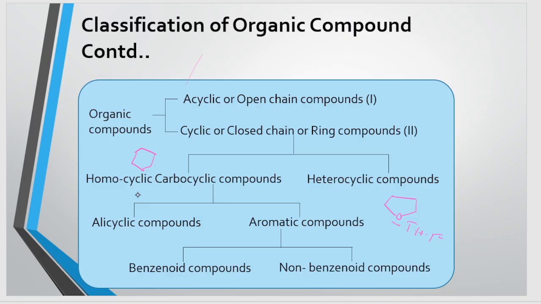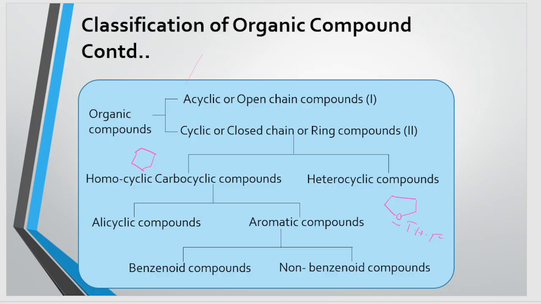Now, homocyclic compounds are of two types: alicyclic compounds and aromatic compounds. We are going to discuss what aromatic compounds are. Those compounds which are other than aromatic are called alicyclic, and aromatic compounds are again classified into benzenoid and non-benzenoid structures.